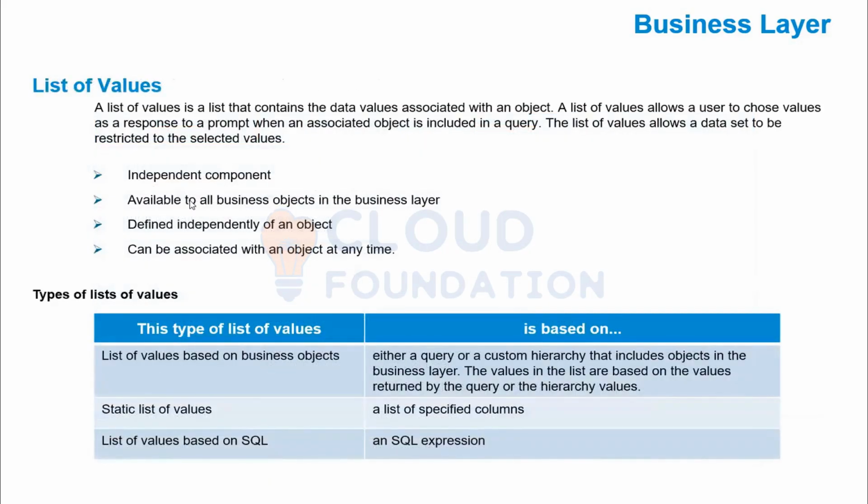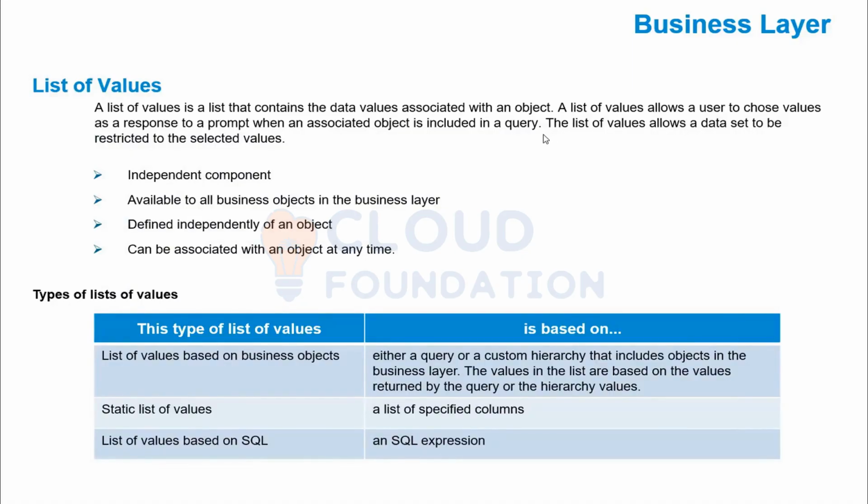It is also about the list of values. A list of values is a list that contains the data values associated with an object. It allows a user to choose values as a response to a prompt when an associated object is included in a query.